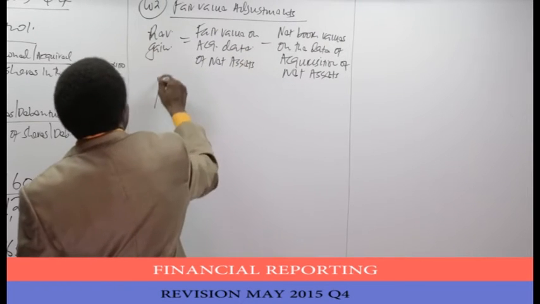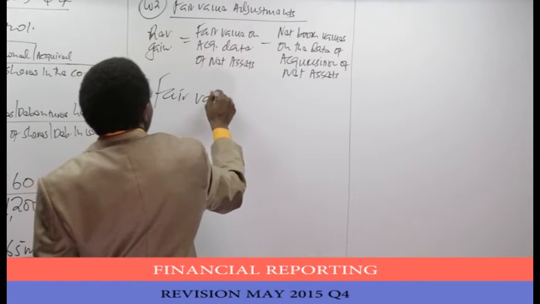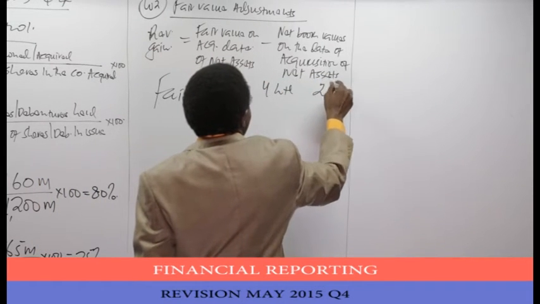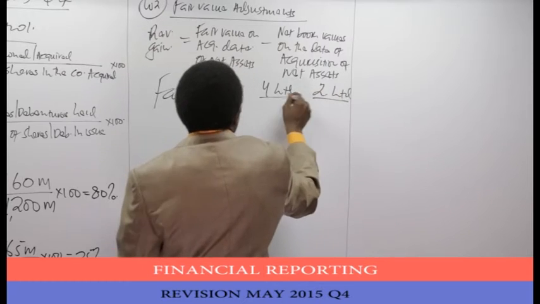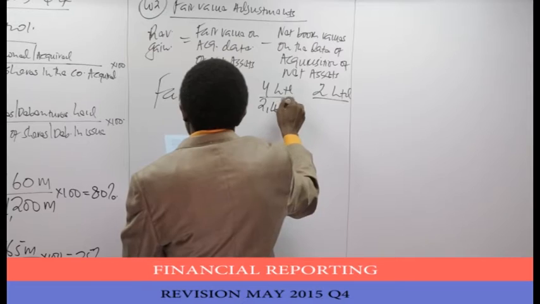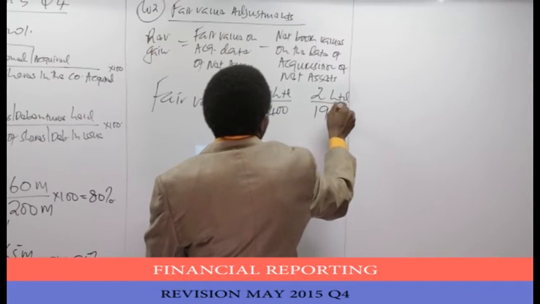So we can say that our fair value for Y Limited and for Z Limited is given as 2,400 and 1,956.